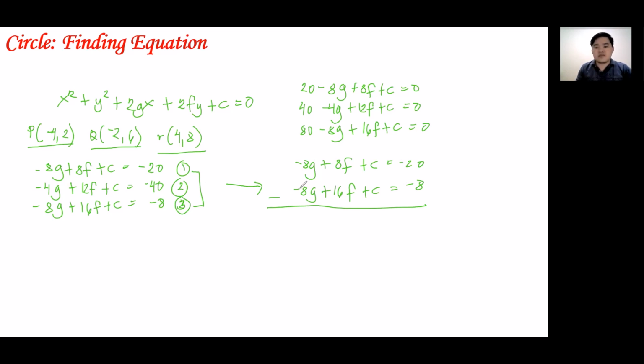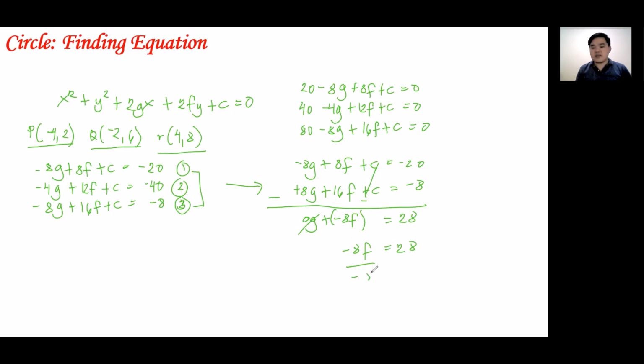If we subtract this equation, this will become positive. So again, this now will become 0G plus negative 8F. So this is subtraction, so this one is cancelled out already. So this is 28. Therefore our answer here is negative 8F is equal to 28.